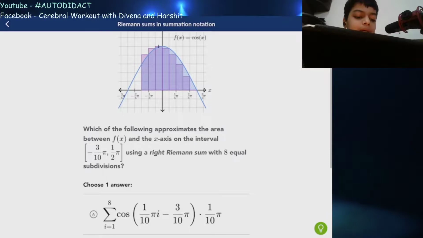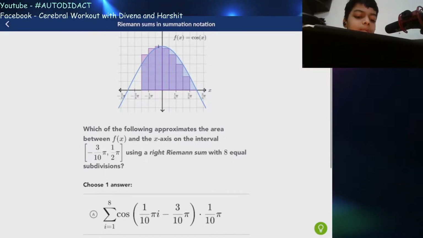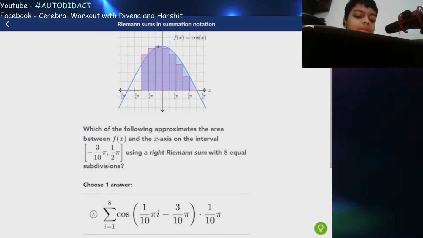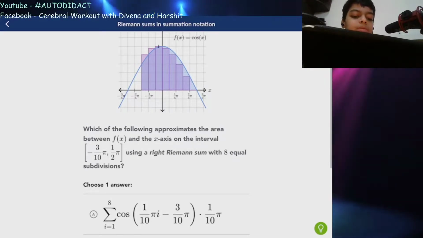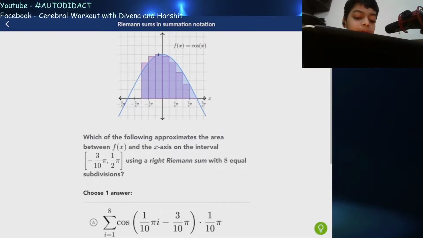Let's say that I is equal to 1. This will be 1/10 pi minus 3/10 pi, which is -2/10 pi, times 1/10, so this will be -2 over 100 pi.